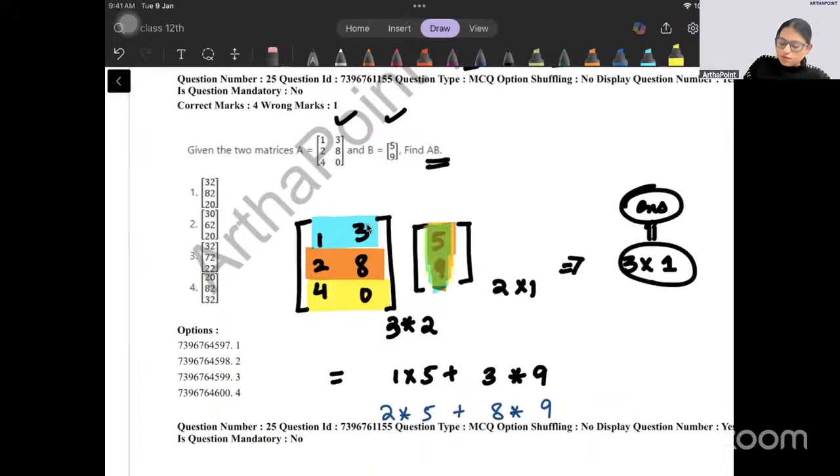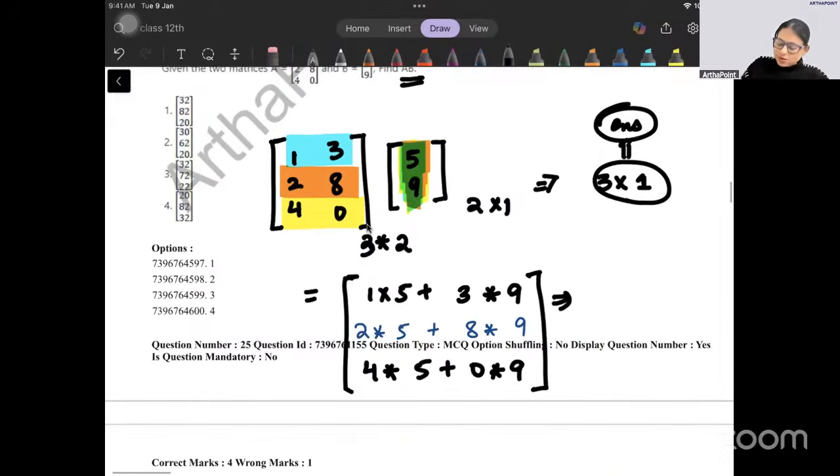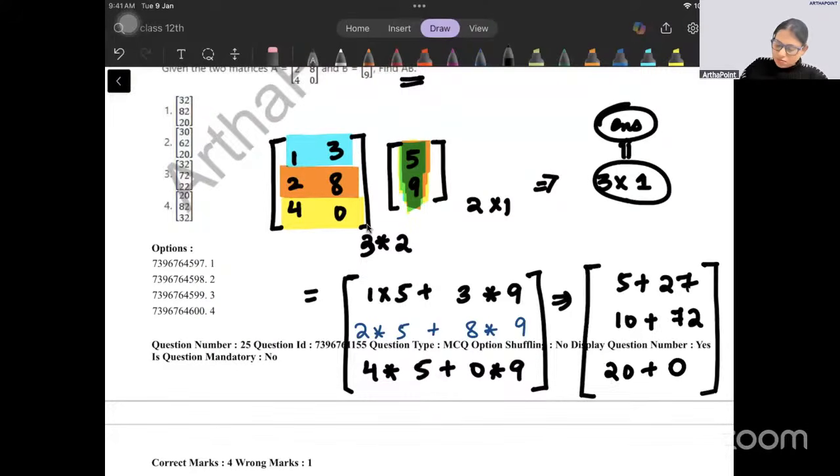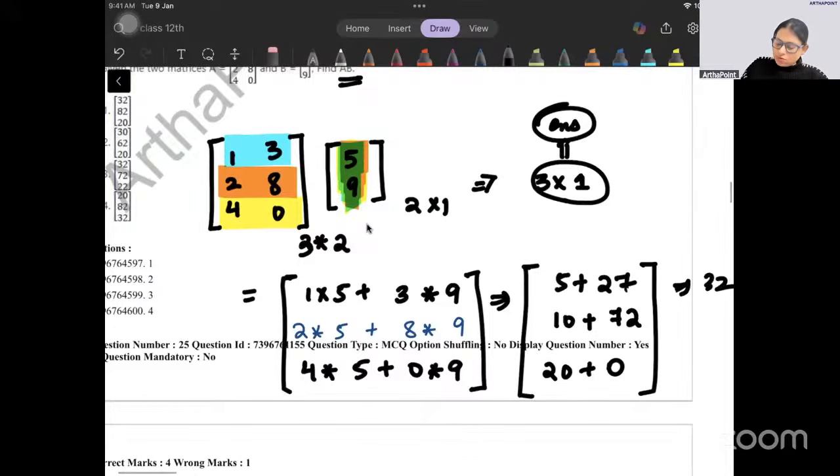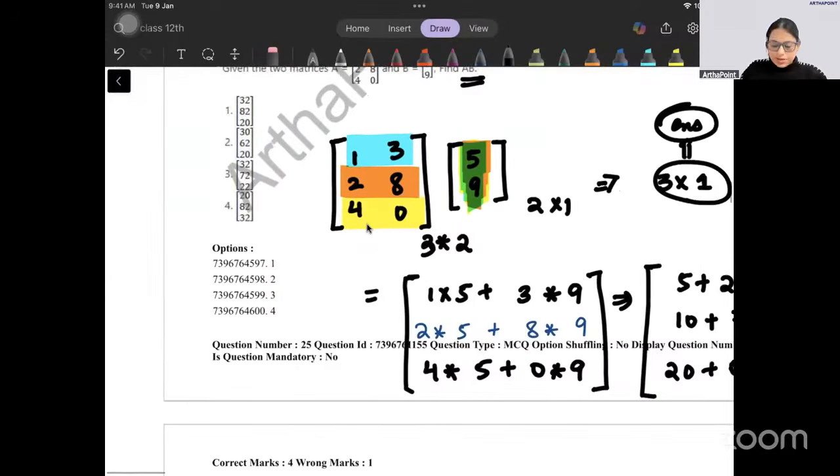Third row with first column, 4 into 5 plus 0 into 9. 5 plus 27 is 32. 10 plus 72 is 82. And 20. So the answer will be A: 32, 82, 20. That's the right answer to this question. Is it clear? Very simple.